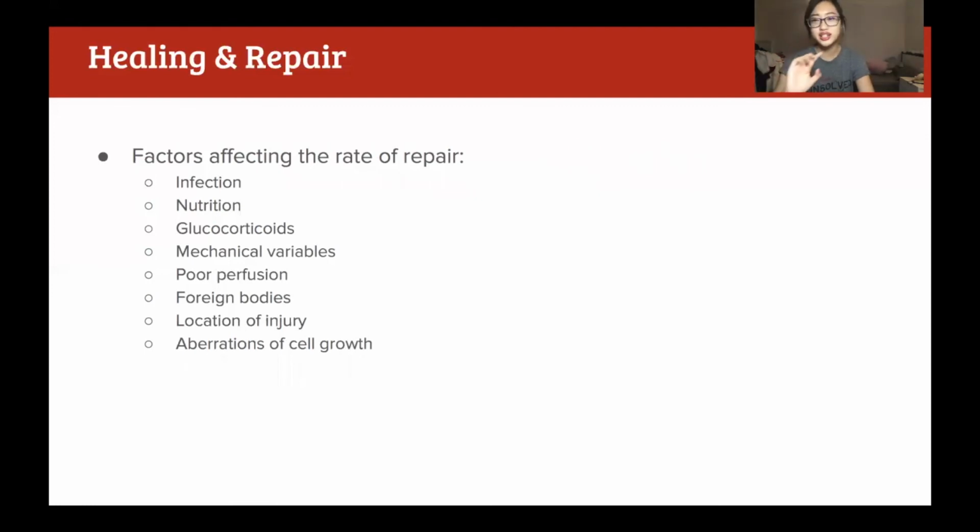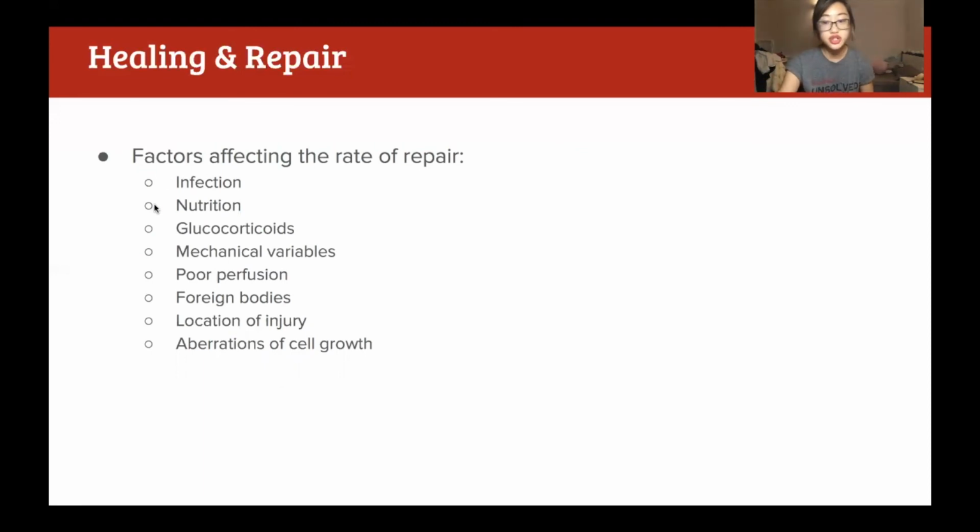We did not get a lot of detail into this stuff, but you can logic it out. If there's an infection, all your cells' energy is taken up by having to fight the infection as opposed to being able to heal the wound. And then the pathogens will probably be constantly feeding on the tissue in the wound that is proliferating, and that's not going to contribute to good healing.